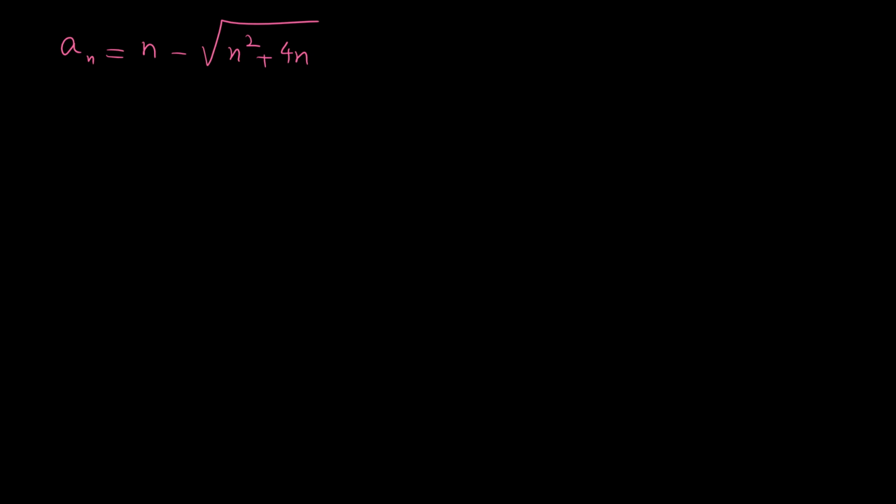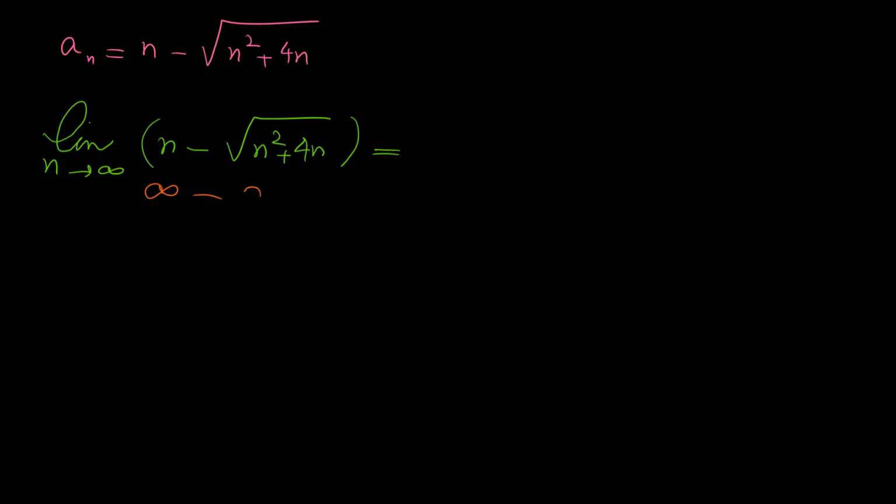So we want to find limit of n approaches infinity. You know that in the sequences always n approaches infinity. We want to find limit of n minus square root of n to the 2 plus 4n. First of all, note that this limit is in the form of infinity minus infinity because n approaches infinity.